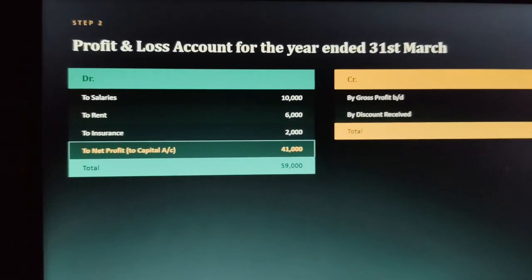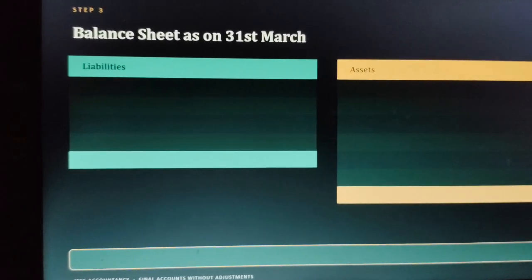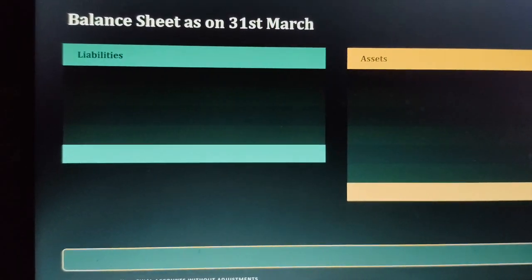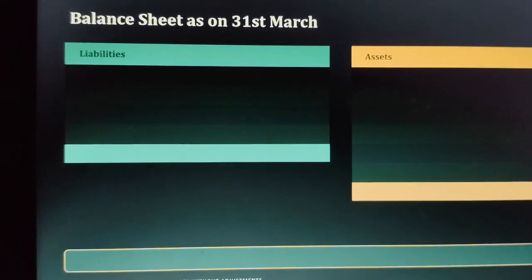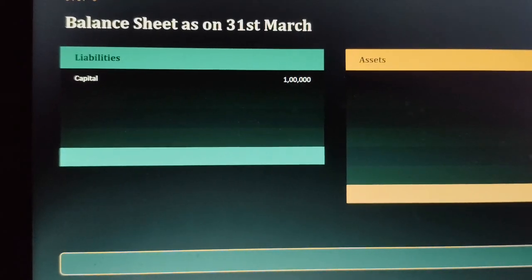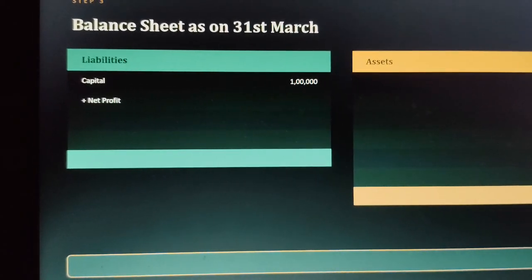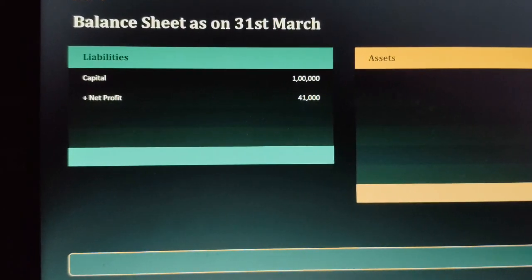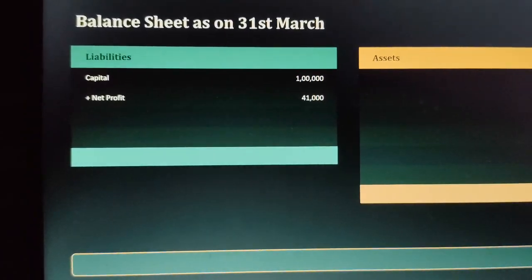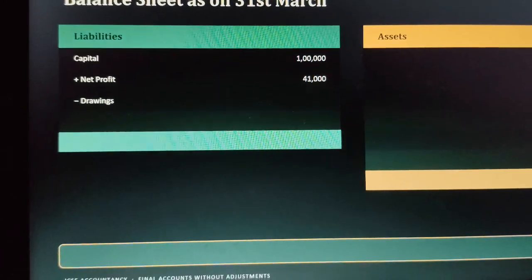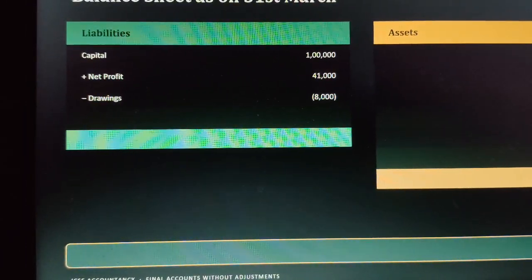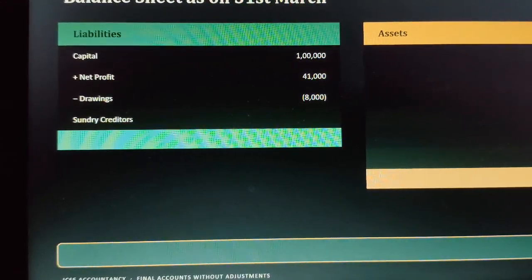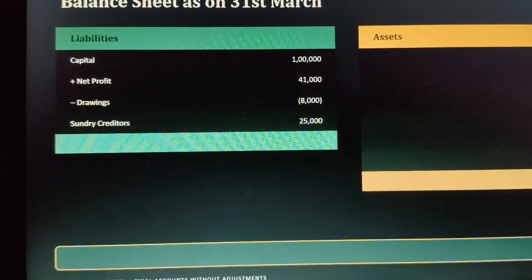Now comes the balance sheet. To begin with the liabilities, we have capital as 1 lakh plus net profit, which is 41,000 from the profit and loss account, minus drawings, that is 8,000, and sundry creditors, which is 25,000.